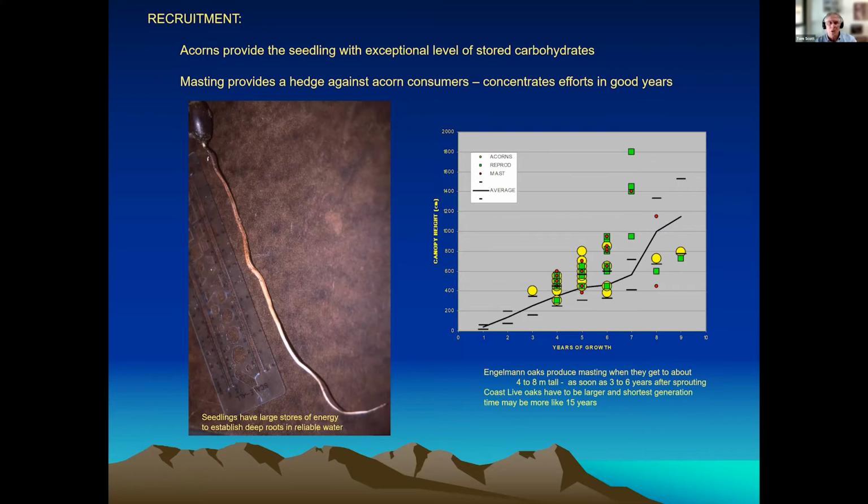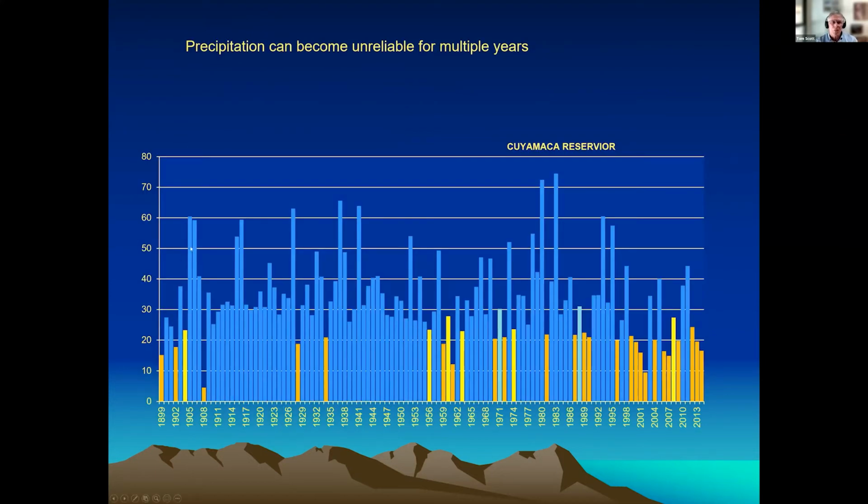And if you look at the kind of rainfall that we get, and this is Cuyamaca Reservoir in Southern California, even in times when we didn't think we were having global change, you can see that we have peaks in rainfall and periods where we don't get as much rainfall. And we have times where we have an enormous amount of rainfall and then have a very small amount of rainfall.